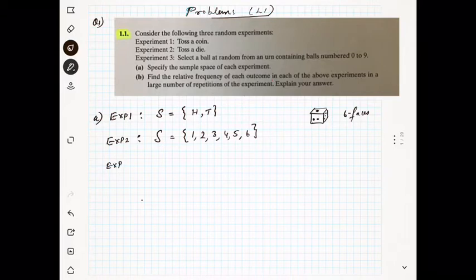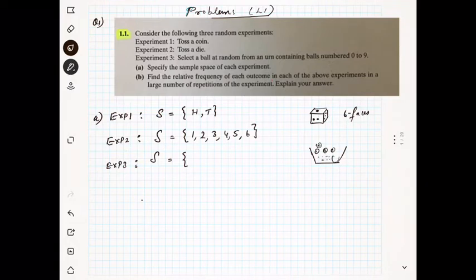And experiment 3, you have the sample space. You are selecting a ball from an urn. You have an urn and you have a lot of balls here, 2, 3, then 0, like this.